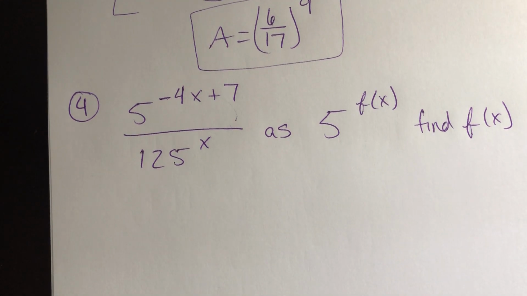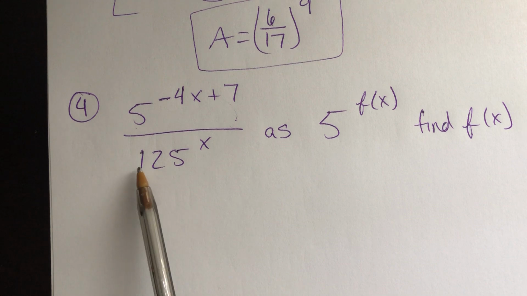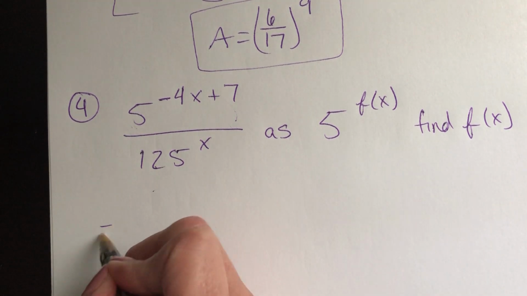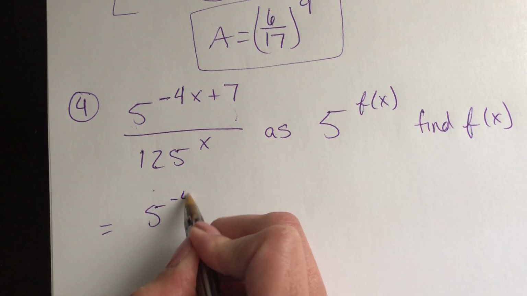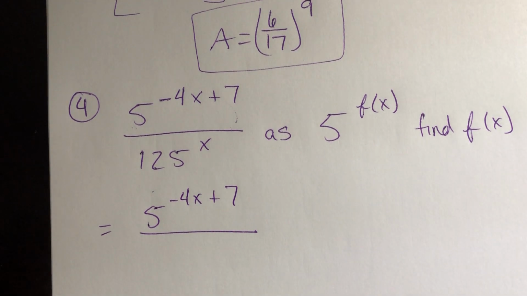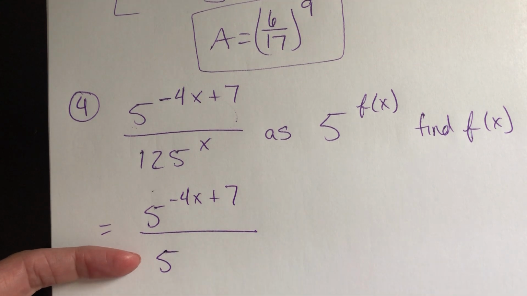Okay. So, first of all, I want these bases to be the same. Right now I have the base of 5 and a base of 125. So I'm going to rewrite that base of 125 so it's a base of 5. So I'm going to keep that numerator the same. And then I'm going to take this 125 and rewrite it so it has a base of 5.